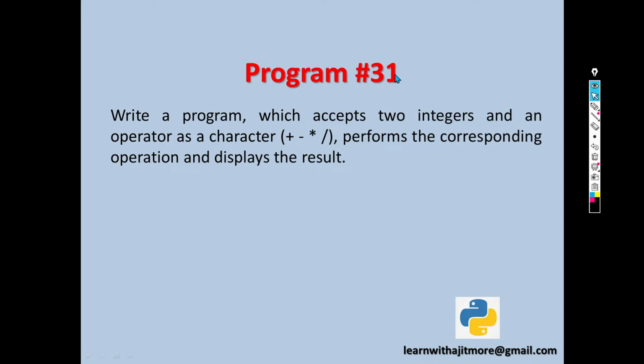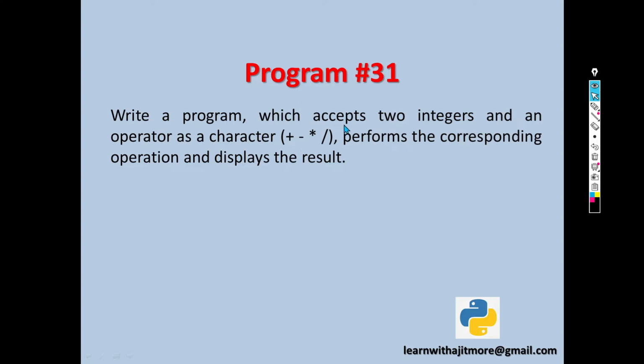Okay, moving on to problem number 31. Problem number 31 is: write a program which accepts two integers and an operator as a character. That operator is going to be plus, minus, multiplication or division, any of these 4.